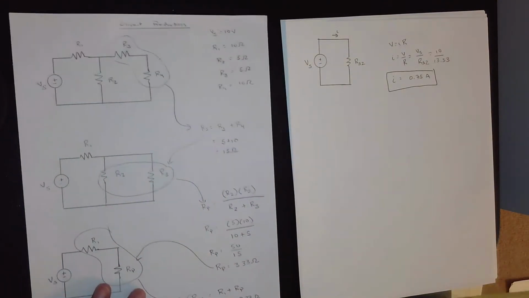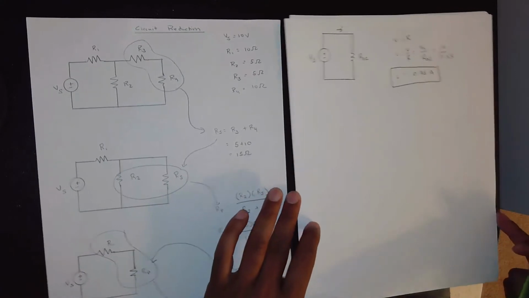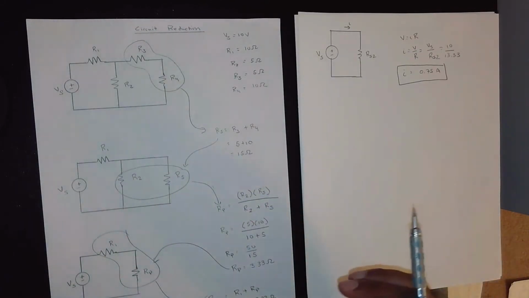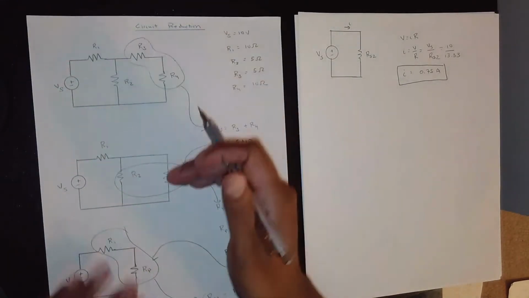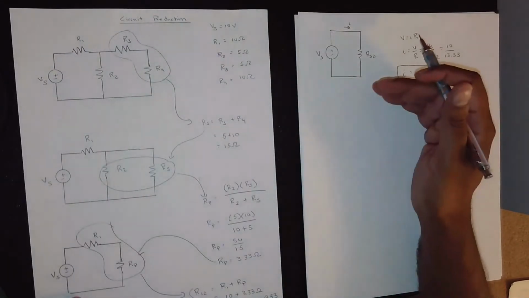So when you want to rebuild your circuit, you got to label all your diagrams because this gets, obviously, very, very confusing. So I'm going to take, this is diagram 1, diagram 2, diagram 3, diagram 4, okay?